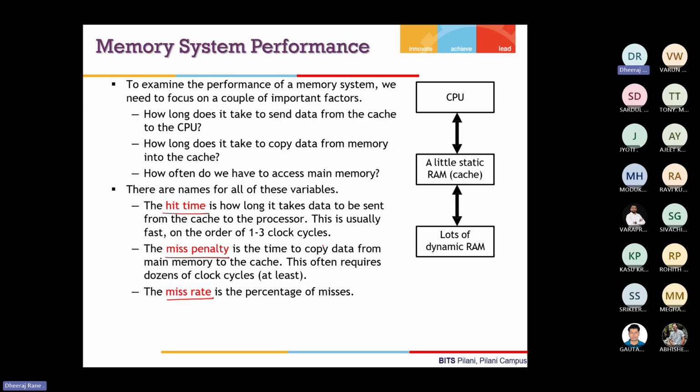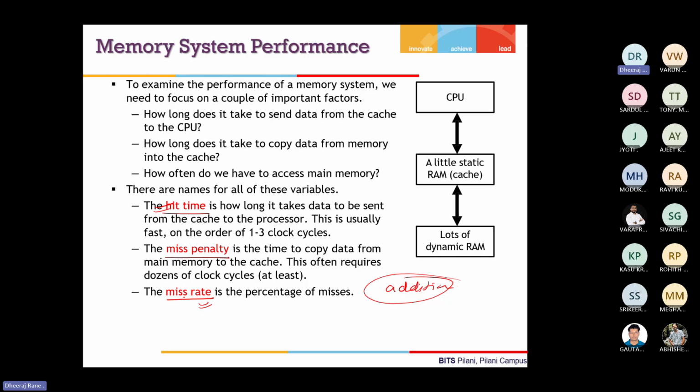What exactly is the hit time? It is the time it takes whenever it is a cache hit. Miss penalty is the additional time that will be required in case it is a miss, and the miss rate is the rate at which it is being missed.